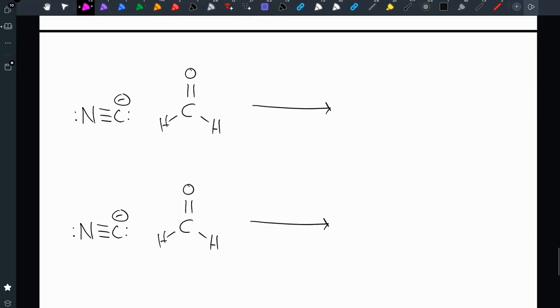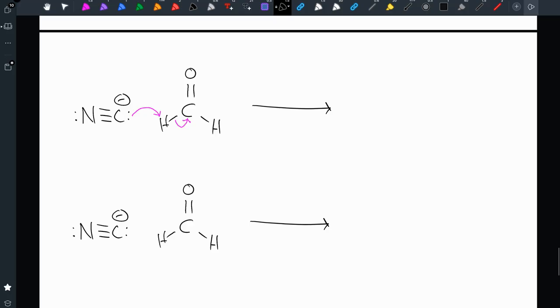So first off, I said I could have the carbon right here share with a hydrogen. If carbon's going to share with a hydrogen, I'm going to need to break a bond to make space. And so I could push electrons onto that other carbon.